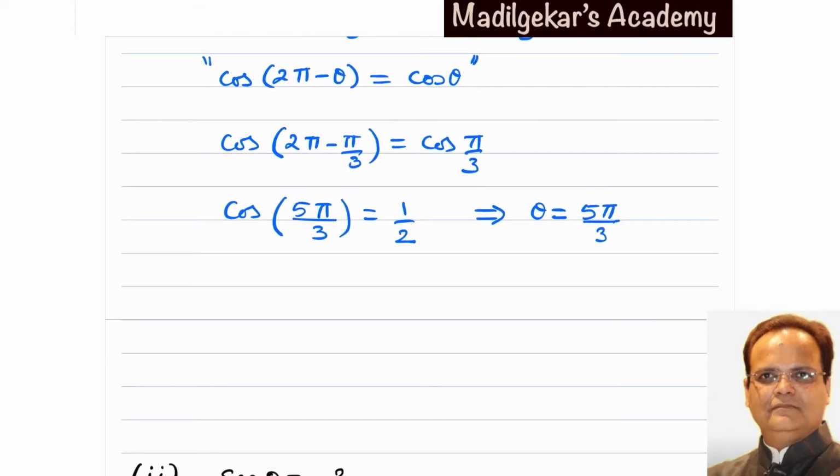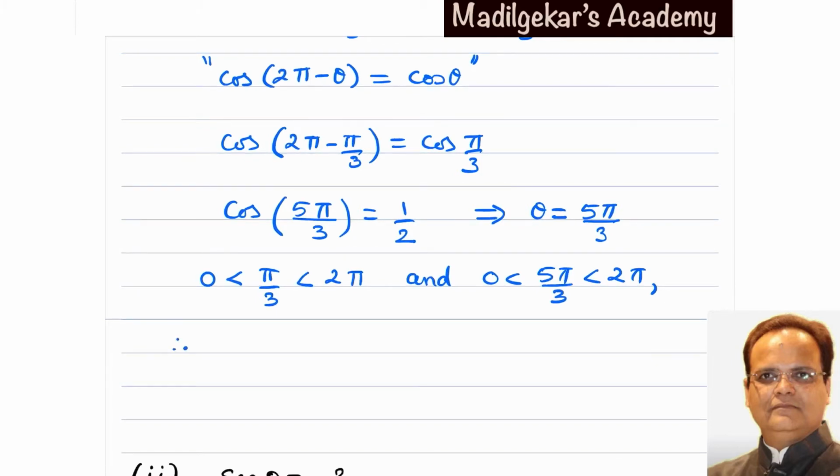As we know, 0 is less than pi by 3 is less than 2 pi, and 0 is less than 5 pi by 3 is less than 2 pi. Both the angles are between 0 and 2 pi.